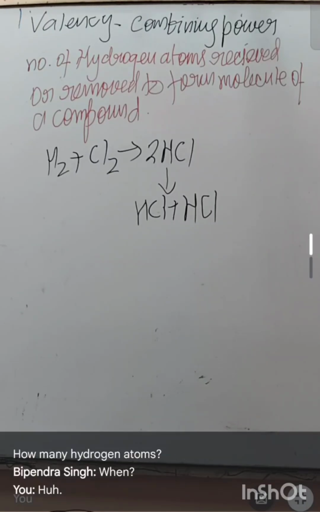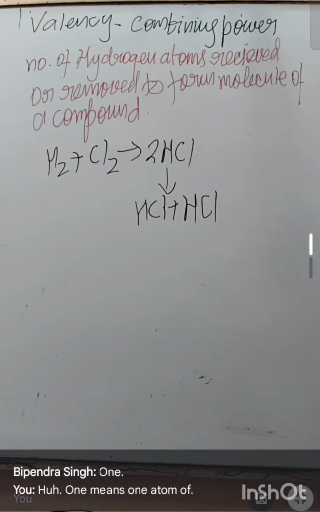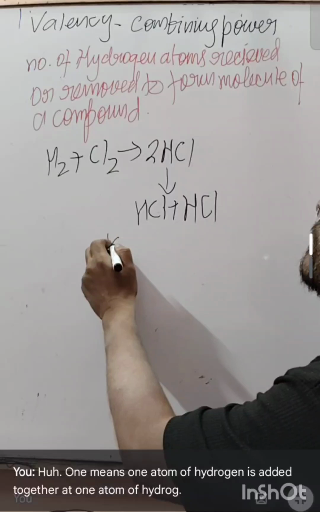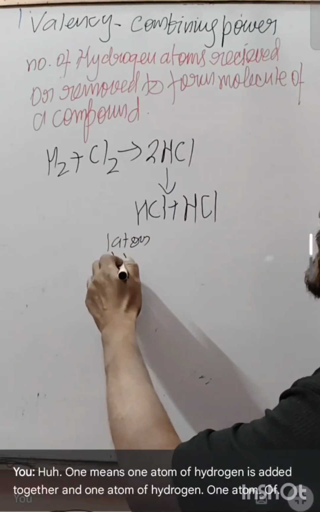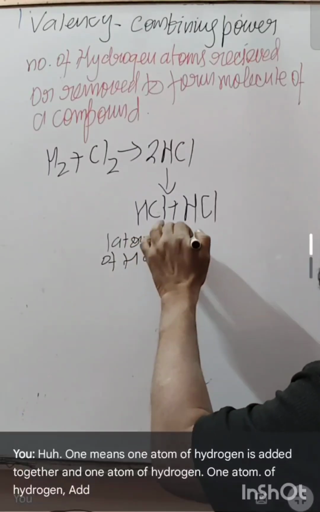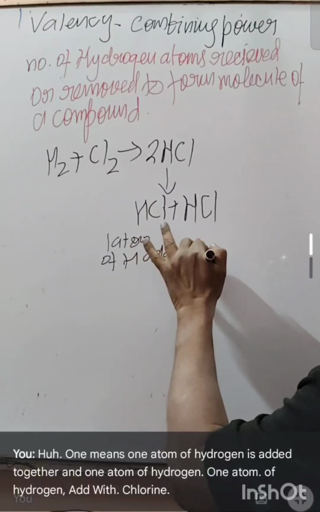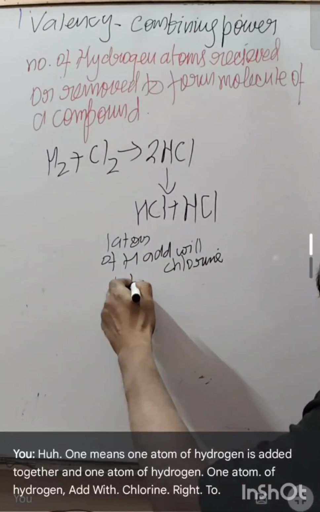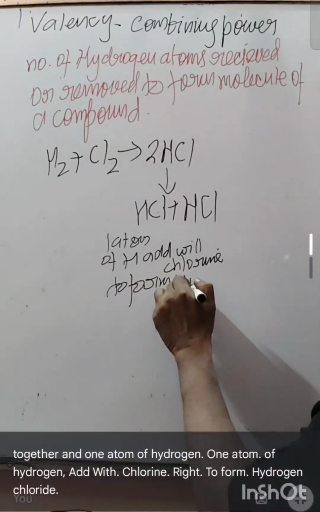One atom of hydrogen is added with chlorine to form hydrogen chloride.